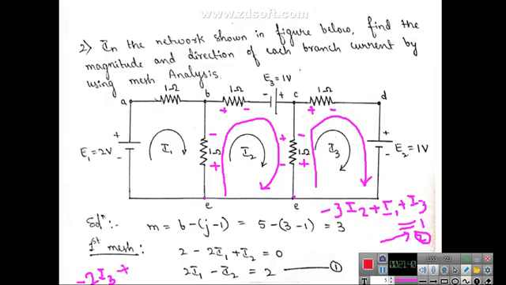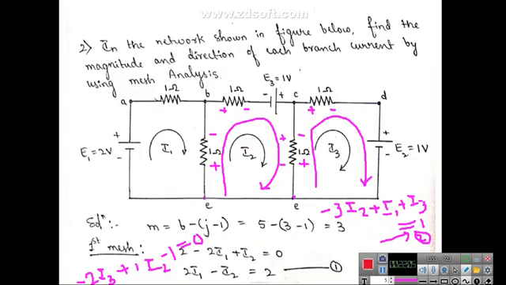So I can write plus 1 into I2. And here the fall in potential for this source, so I can write minus 1, that is equal to 0.